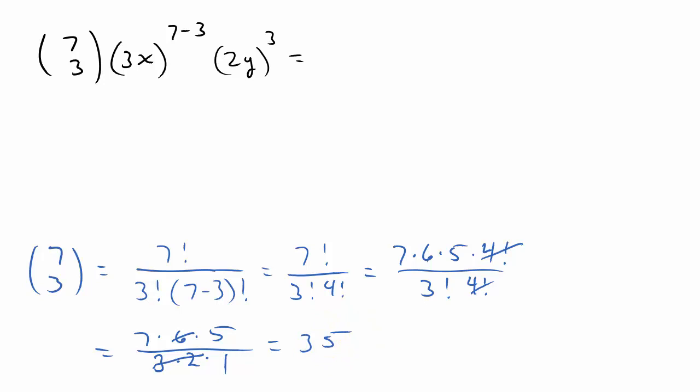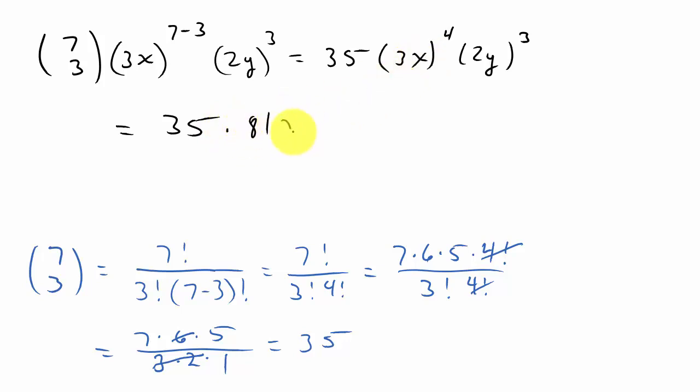Okay, so that's going to be 35 times 3x to the 4th times 2y cubed. I'm sorry, I wrote that wrong right there, didn't I? That 4 should be outside the parentheses. So 3 to the 4th is 81, and then x to the 4th, and then 2 cubed is 8, and then y cubed.